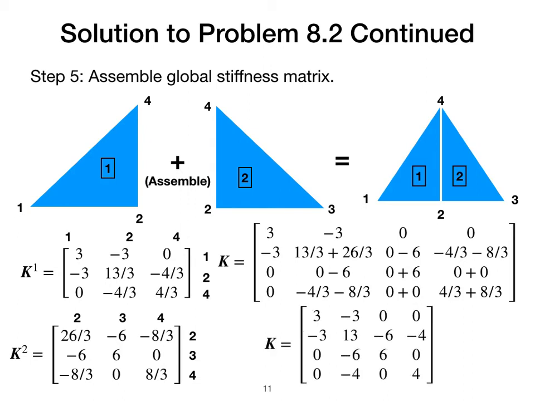So the final global stiffness matrix is given by a matrix containing 3, minus 3, 0, 0, minus 3, 13, minus 6, minus 4, 0, minus 6, 6, 0, 0, minus 4, 0, 4.